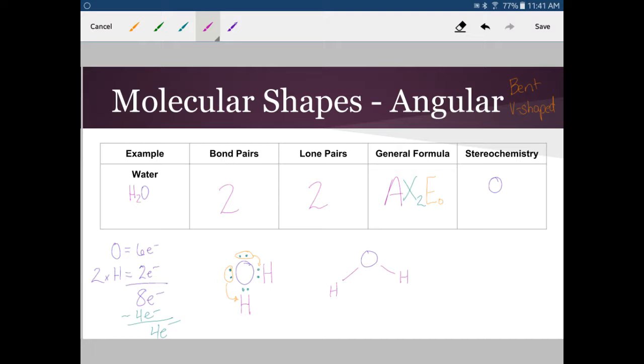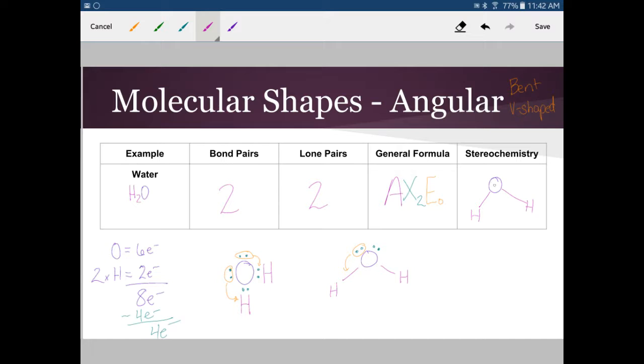And I'm going to do the in-between with my electron pairs on top here. But these 2 electron pairs, again, are pushing away from each other pretty strongly, and they're pushing down on these guys fairly strongly, okay, resulting in this angular shape, like so.